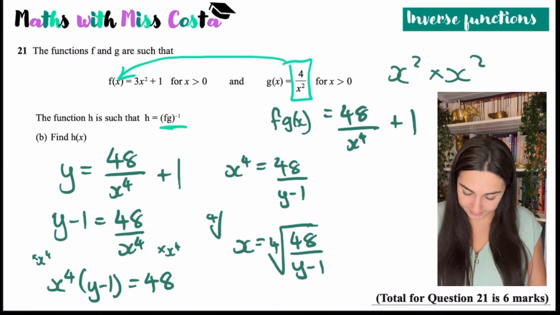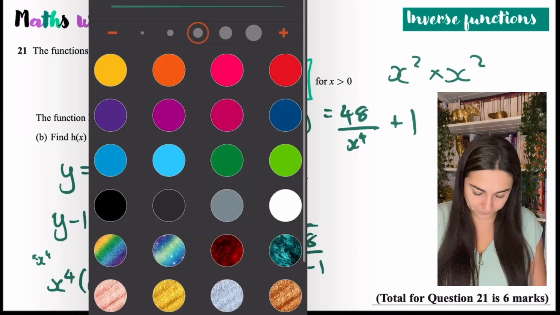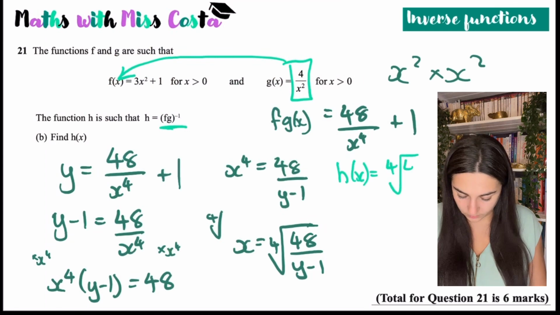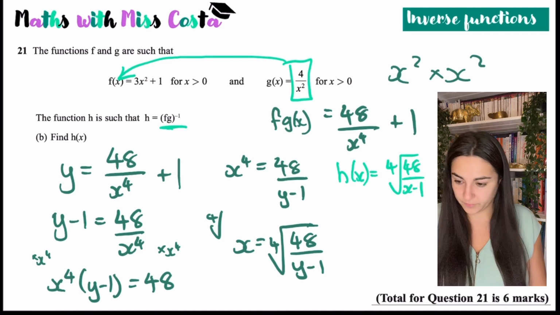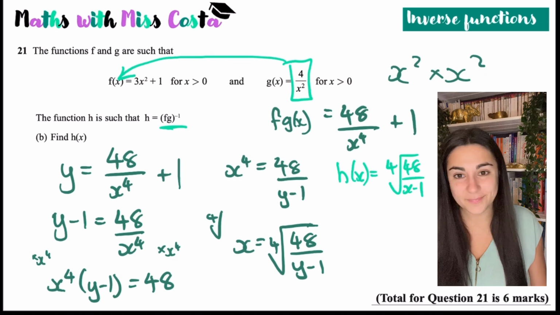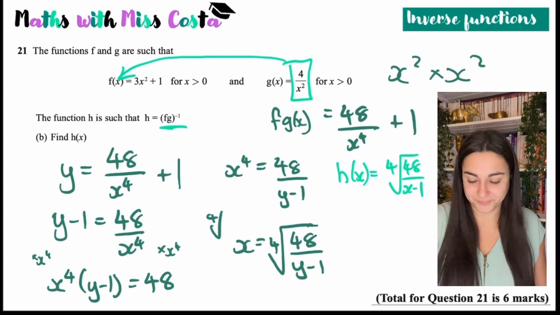So h of x would be 48 over x, take 1. Yeah, we've switched it around. Okay, and that's that.